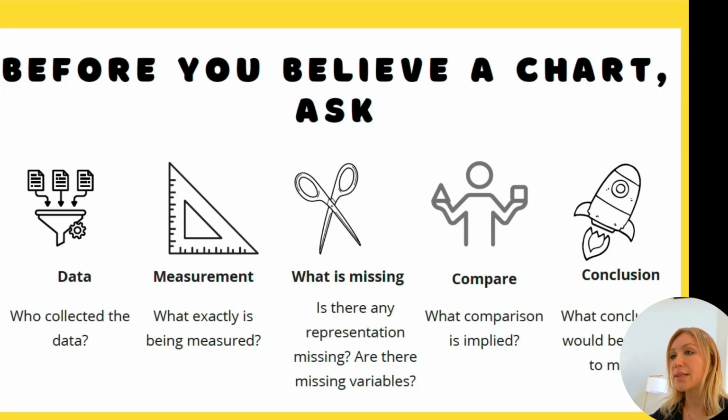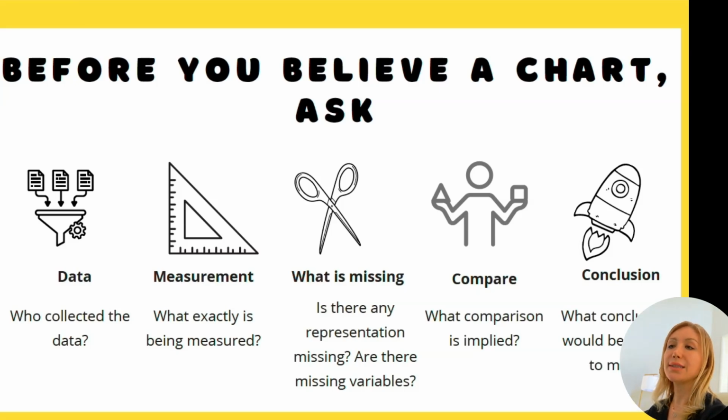Reading charts critically means slowing down. Slow down and ask those questions. First of all, who collected the data? Like literally, who collected the data? Is it a credible source? Where did the data come from? What exactly is being measured? What is missing? What comparison is implied? And what conclusions would be wrong to make?